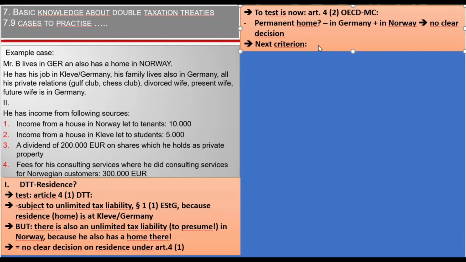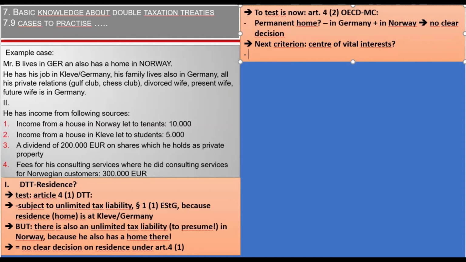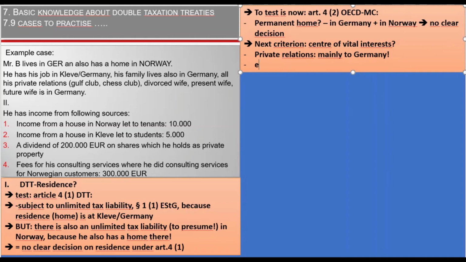So let's read the case again. Family lives at Germany. All profit relations are at Germany. So when it comes to center of vital interests, then we have to look to first private relations, mainly to Germany, and economic relations, mainly Germany.